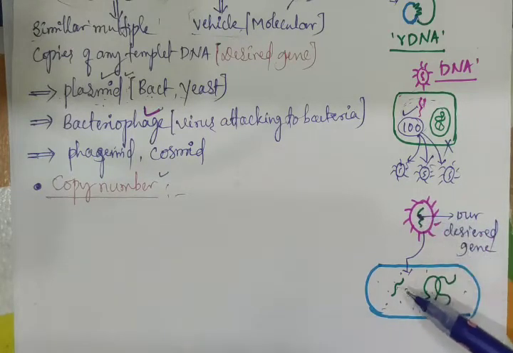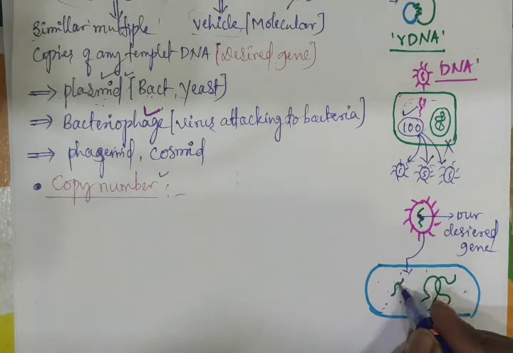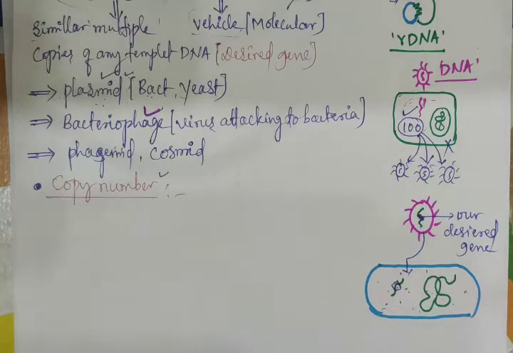Then when that DNA enters inside, it has our desired gene, right? That gene mixes with the host DNA and produces many copies. That means all the produced viruses have one copy of this gene. So that we will refer to as copy number.